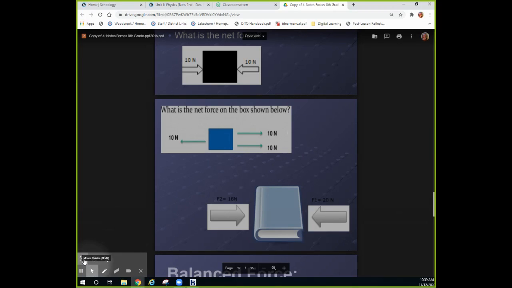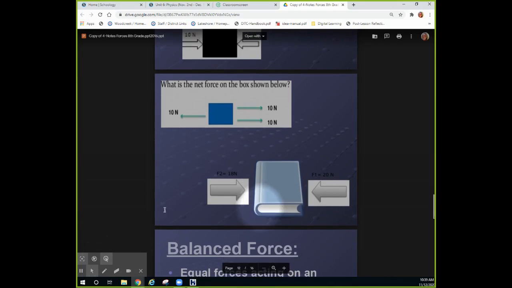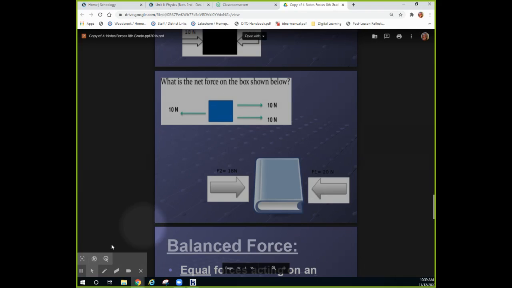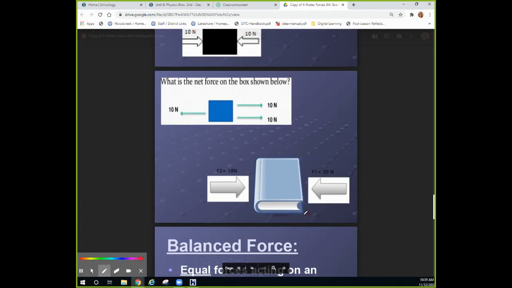Okay, so let's do another example. Here we have a book. Force 1 is applying 20 newtons to the left, Force 2 is applying 18 newtons to the right.